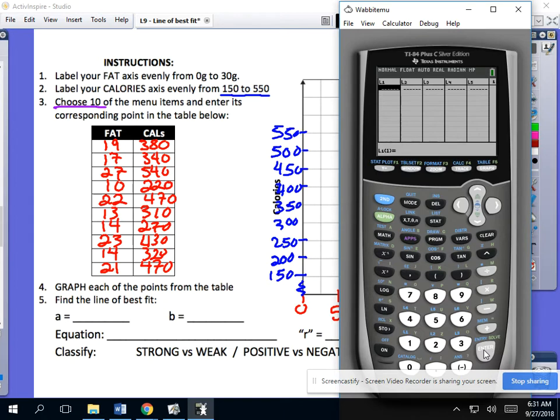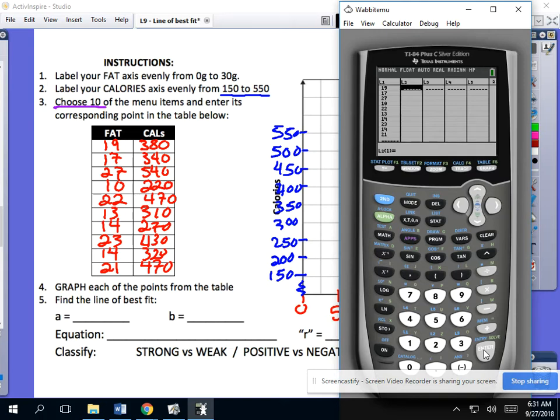So I'm just going to do this on my keyboard for the sake of time, but 19, 17, 27, 10, 22, 13, 14, 23, 14 again, and 21.